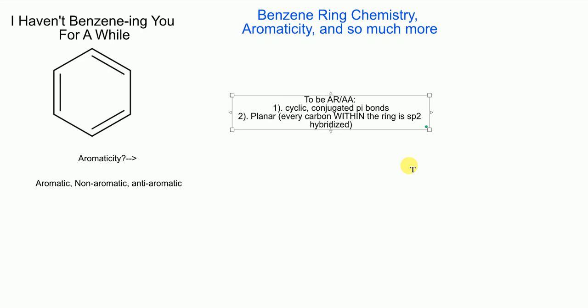Third thing, every atom is in a p orbital. Honestly, for number 3, I always struggle with hybridization and orbitals. It's not particularly important to fully understand that.